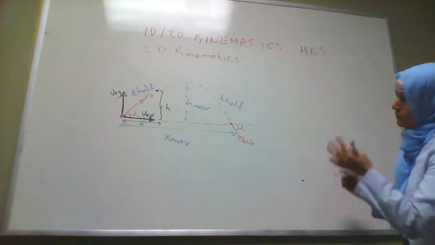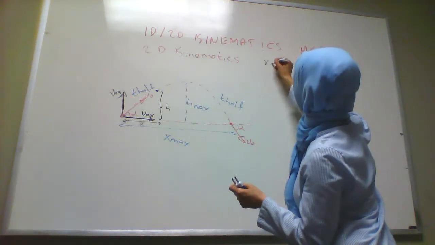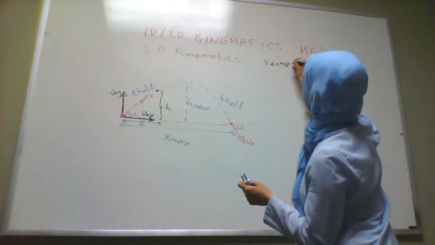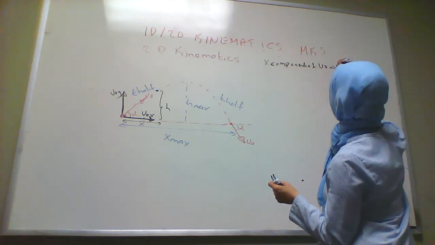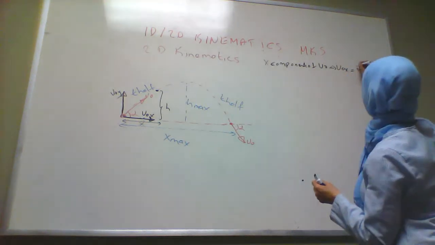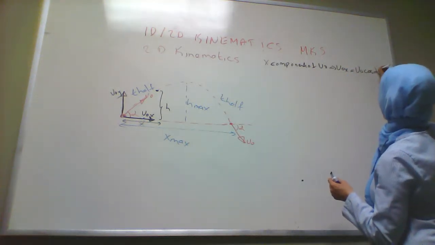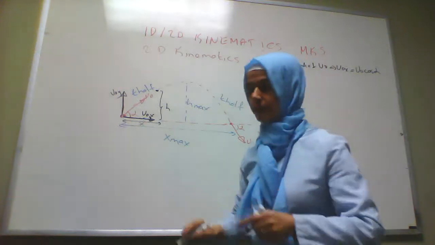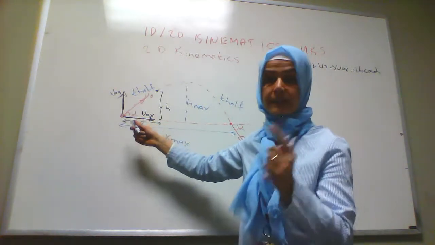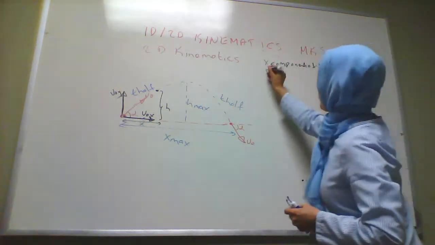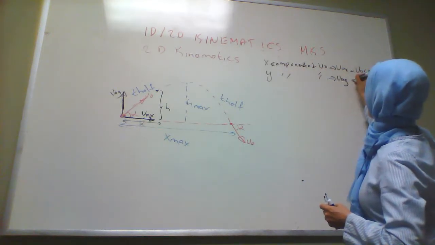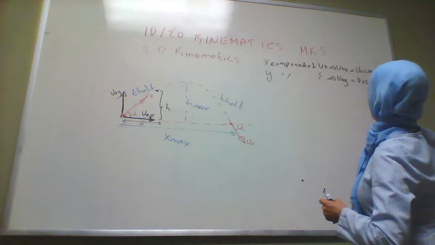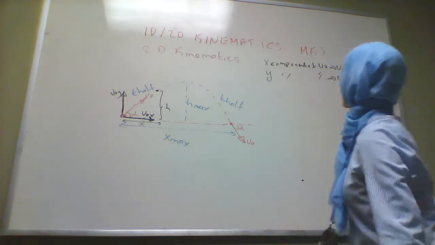So generally what we know is the x component of v0, which is v0x, and it's equal to v0 cosine alpha, alpha being the angle the initial velocity makes with the horizontal axis. This is important. And the y component of v0 is v0y, equal to v0 sine alpha, the same angle.